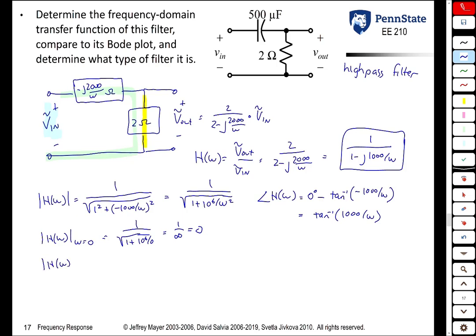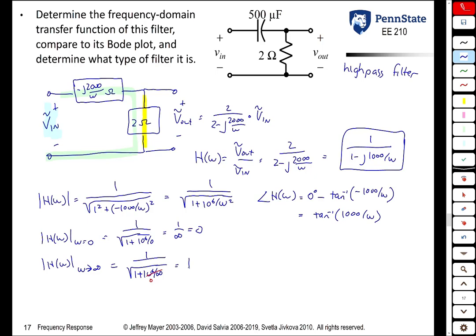Likewise, when you evaluate this magnitude function with the frequency approaching infinity, you get 1 over 1 plus 10 to the 6th over infinity. A number over infinity is just 0, so you get 1 over 1, or 1.